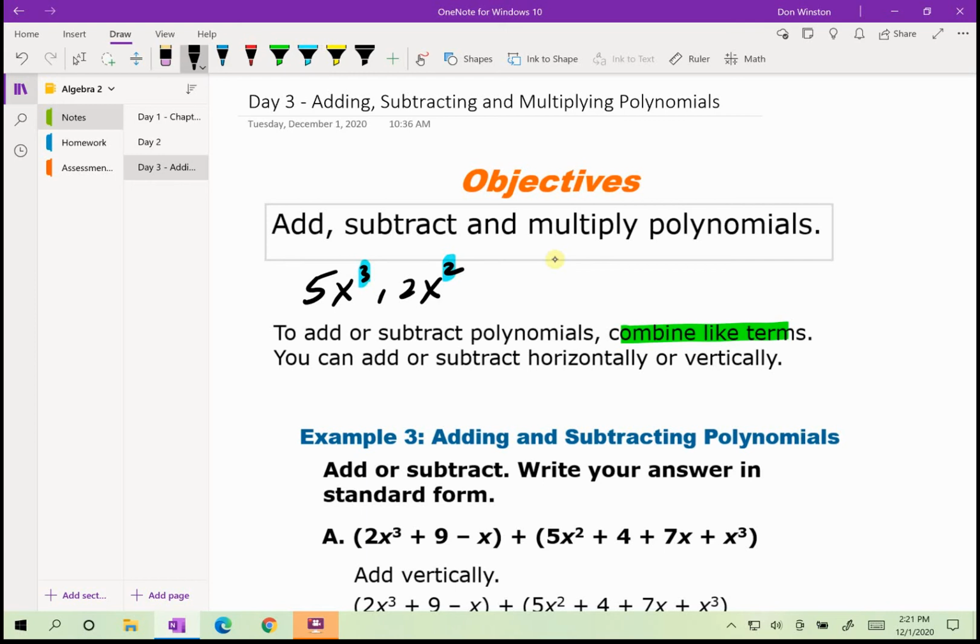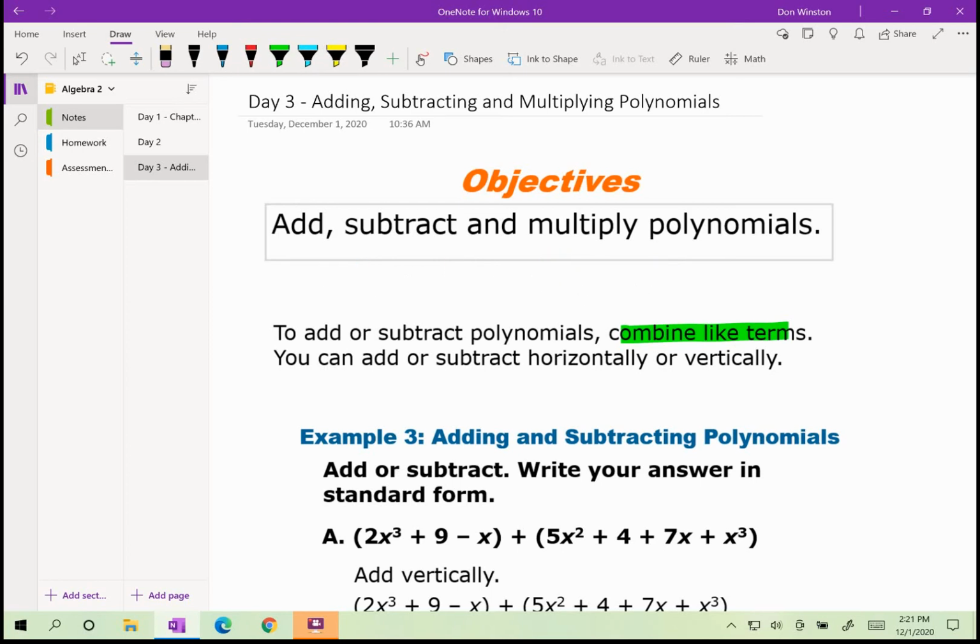However, 5x cubed and negative 7x cubed are like terms because the exponent is the same. So like terms will have the same variable raised to the same exponent.